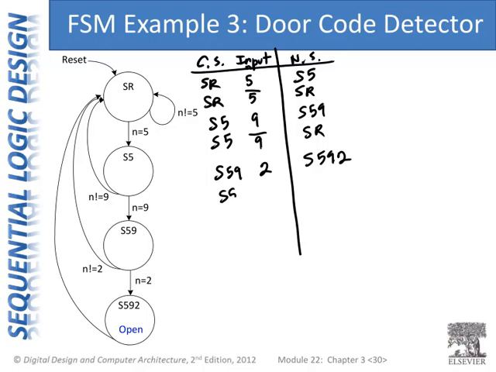If we're in the S5-9 state and we don't get a 2, I'm going to go back to the SR state. If we're in the S5-9-2 state, it doesn't matter what happens on the input, we're going to go back to the reset state.